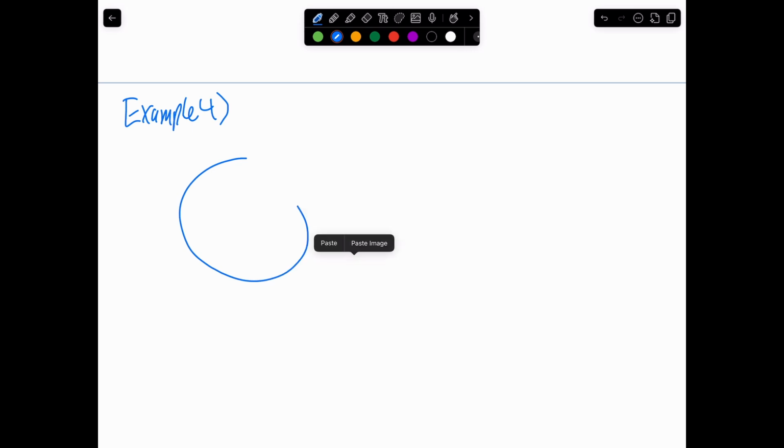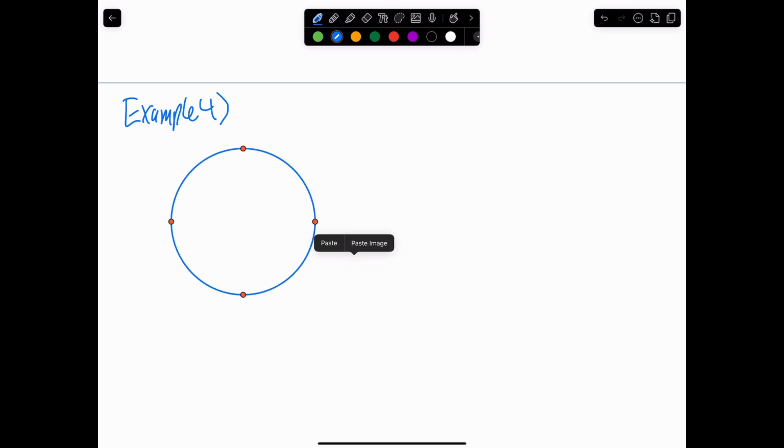Now, let's do one more example, and this one's a little bit more complex. In this problem, we have a roller coaster with a loop-de-loop. Imagine this as a loop-de-loop on a roller coaster. And on this loop-de-loop, the roller coaster car has a constant speed of 20 meters per second.